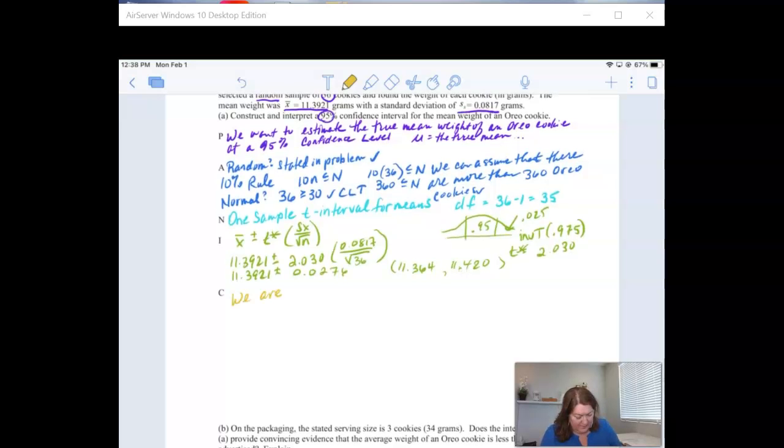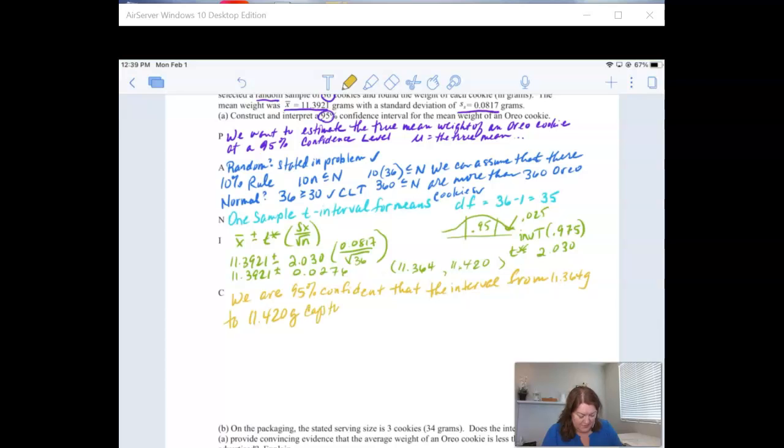We are 95% confident that the interval that we just found, the interval from 11.364 grams to 11.420 grams captures the true, and then you're back to whatever you wrote in P, the true mean weight of an Oreo cookie.